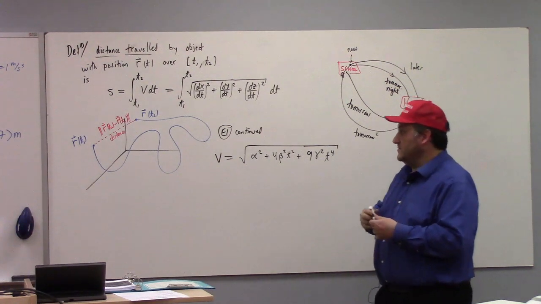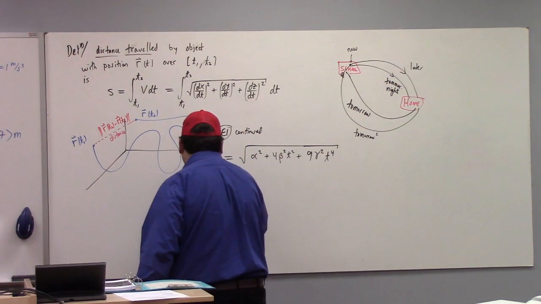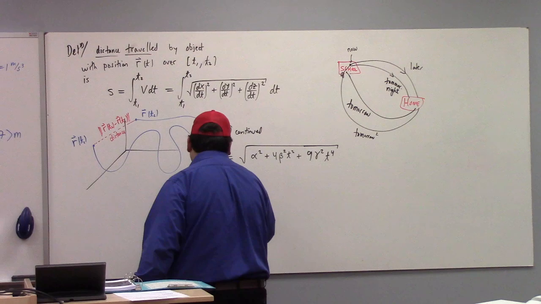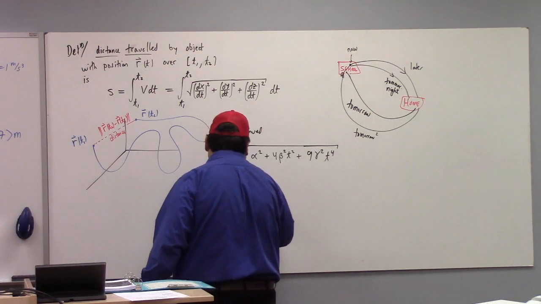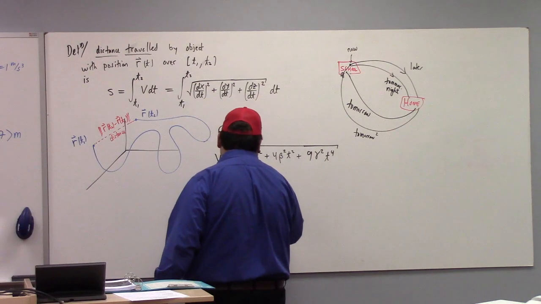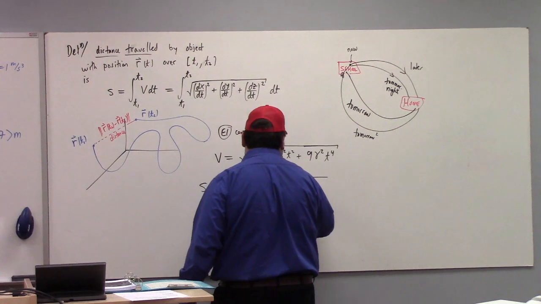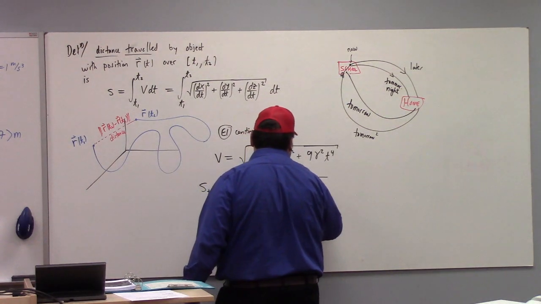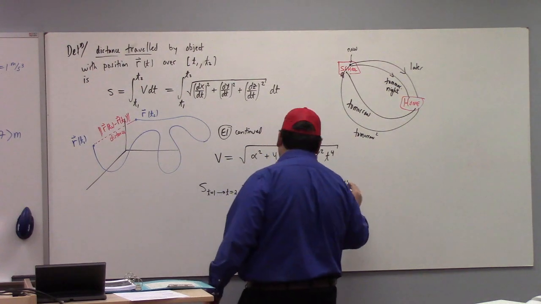What's the distance traveled? So the distance traveled, say from t equals 1 to t equals 2 seconds, is equal to the integral from 1 to 2 of the square root of alpha squared plus 4 beta squared t squared plus 9 gamma squared t to the 4th dt.